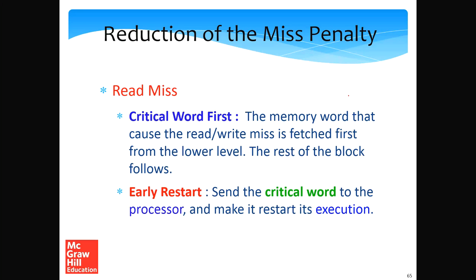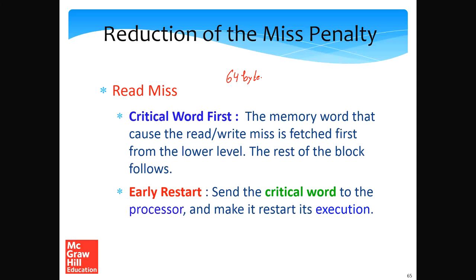Let us now look at reducing the read miss penalty. These two optimizations, critical word first and early restart, are used together. So the insight is something like this. Let me go one step back. Let's consider the size of a cache block. The size of a cache block is typically 64 bytes.